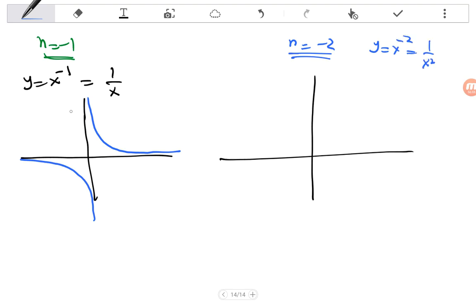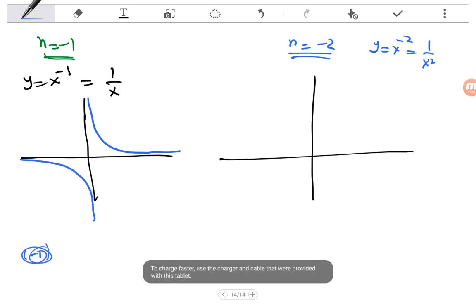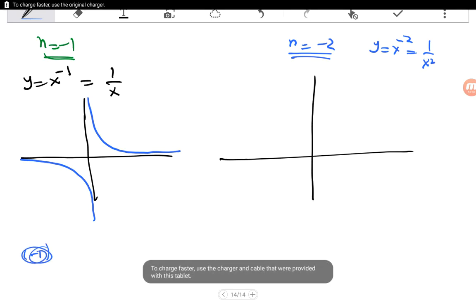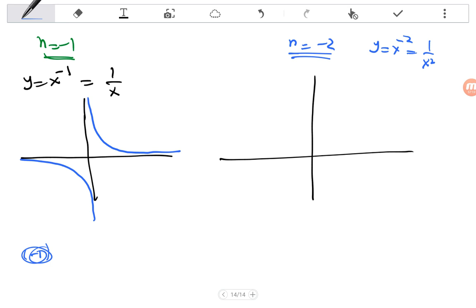The difference between these two is that all the negative values will be squared. What happens if a negative value is squared? It will be positive. When a negative value is squared, the output will be positive, so this expression is just 1 over x all squared. So you are just squaring this graph.